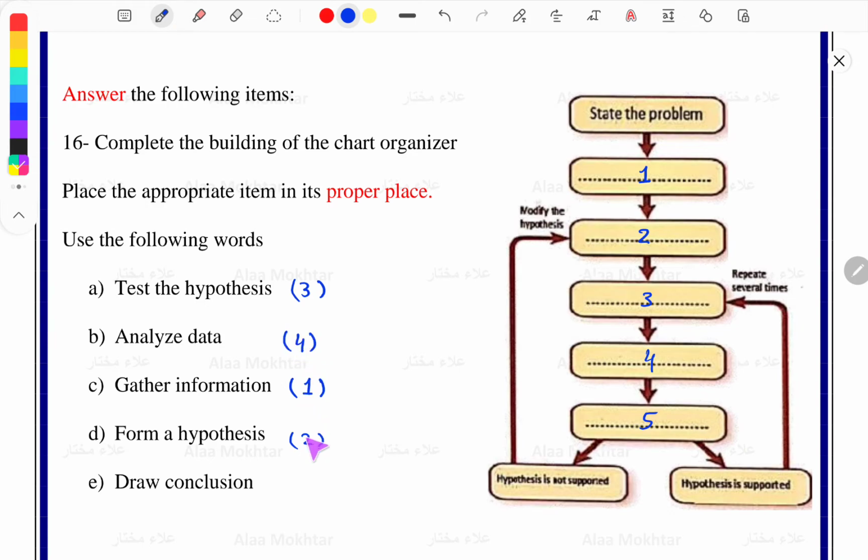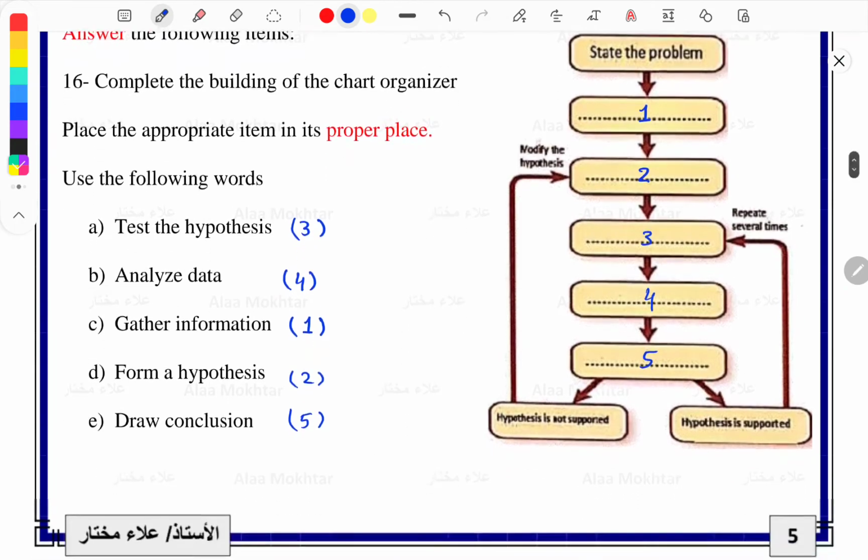Then draw a conclusion. I hope it will be the correct sequence of this scientific method.